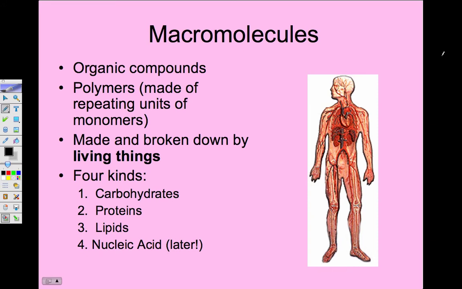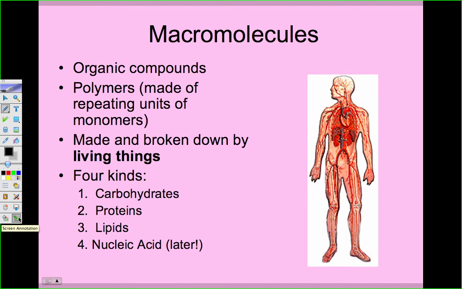Before we move on, I just want to give you a general information about what these molecules are for. And the carbohydrates, as you've probably heard before, are for energy, and you know this in the context of food. You eat carbohydrates in order to get energy for your body.